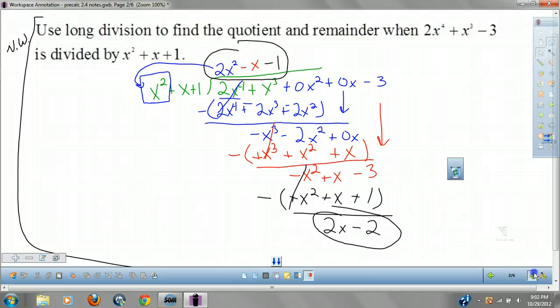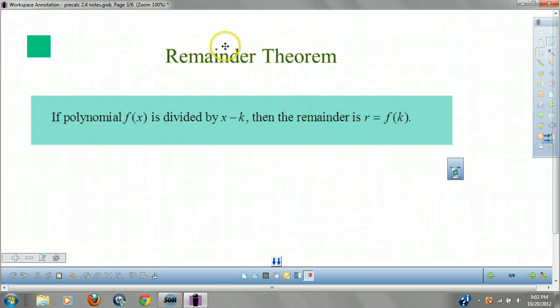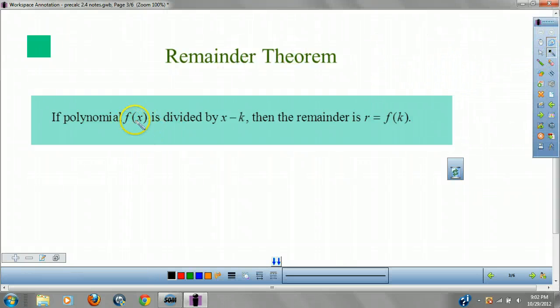Alright, next slide. Remainder theorem. What the remainder theorem says is if a polynomial is divided by some x minus k, the remainder is f of k. So that means if you plug in this k, that gives you the remainder.